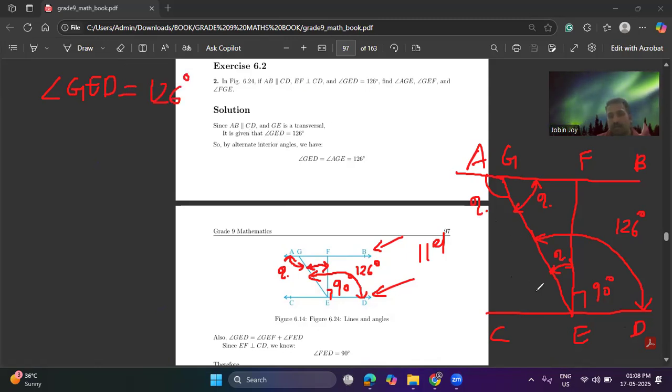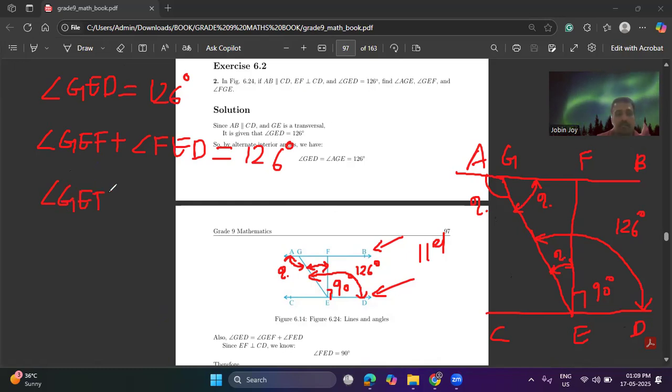So GED I can write as angle GEF plus angle FED is equal to 126 degrees. So angle GEF plus what is angle FED? 90 degrees. So GEF plus 90 is equal to 126 degrees.